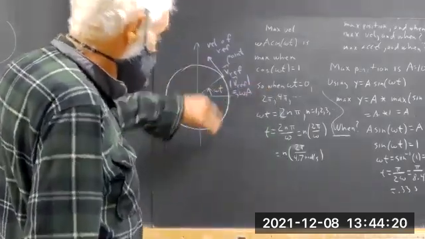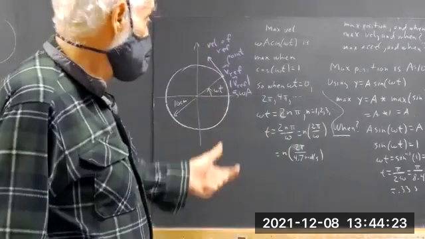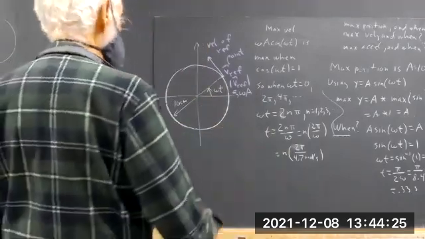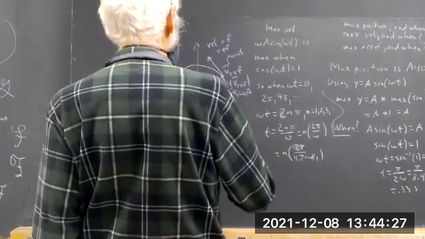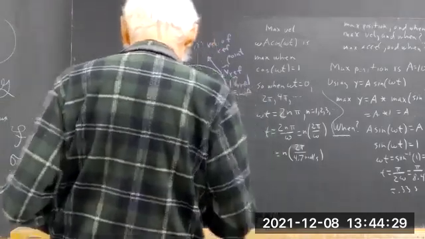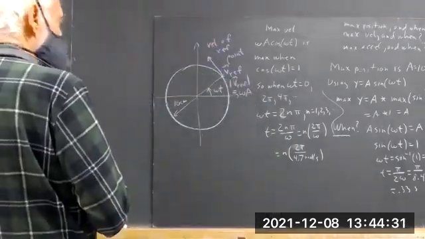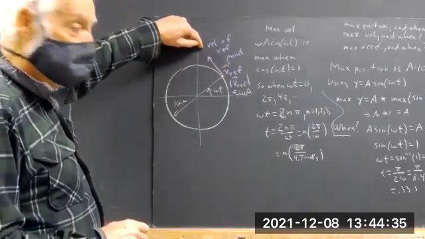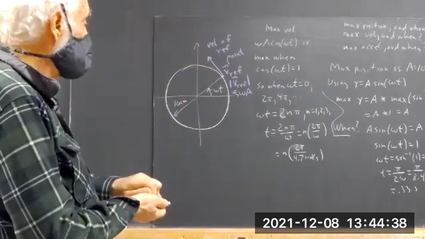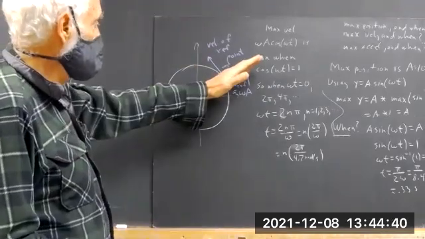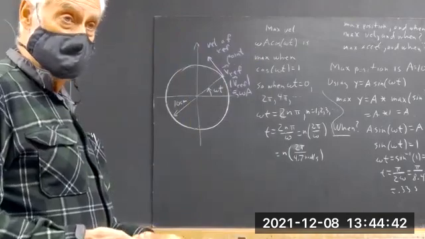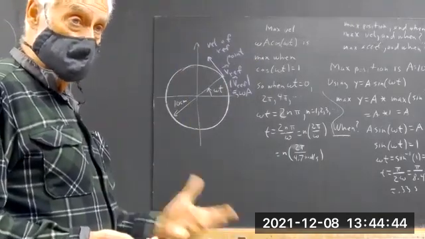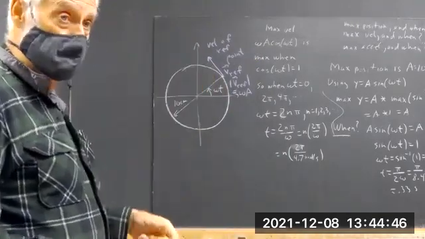You're talking about motion in the arc of a circle, the definition of a radian. The angle of this vector is omega t plus pi over 2. That's the direction of V ref.